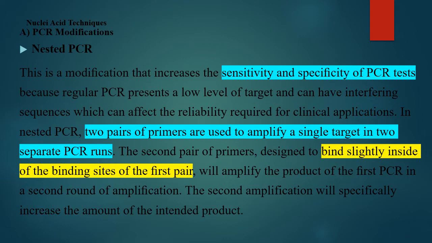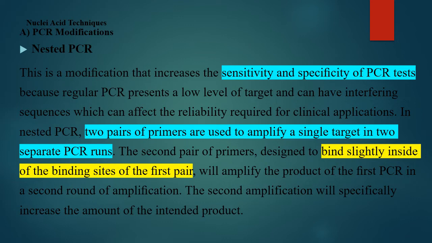So you produce a regular PCR, you pick another portion of that thing you've produced, the amplicon, and then work on just that section. So in the nested PCR, two pairs of primers are used to amplify a single target in two separate PCR runs. So the first PCR goes, then the second pair of primers is designed to bind slightly inside of the binding sites of the first pair.